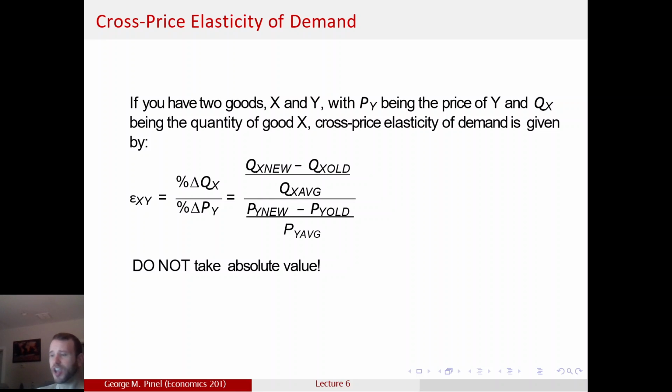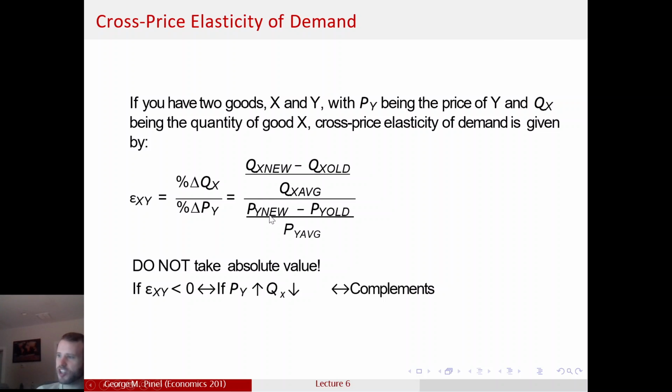The reason is that if the cross-price elasticity of demand is greater than 0, that tells you whether it's a substitute or a complement. Same thing if it's less than 0. So if the cross-price elasticity of demand is less than 0, what does that mean? That means if the price of Y goes up, then quantity demanded goes down, or vice versa. If quantity demanded goes up, the price of Y must have gone down.